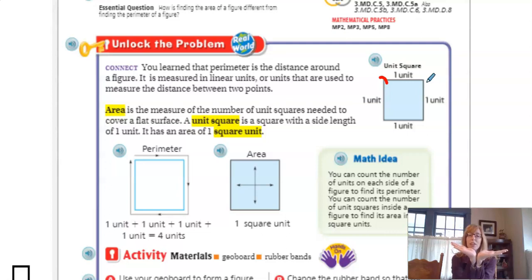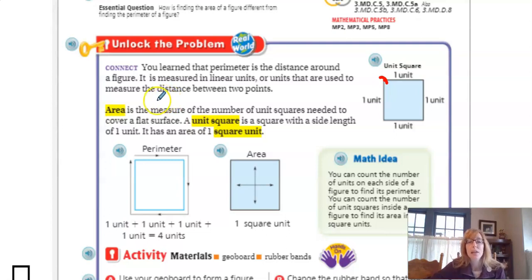So think of linear as like a line. So you learned that measuring the distance around a figure, it measured the linear units, or the units that are used to measure the distance between 2 points. So if we did from this point and we went all the way around, okay, that would be the outside.